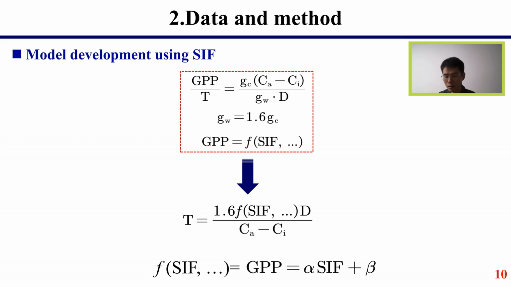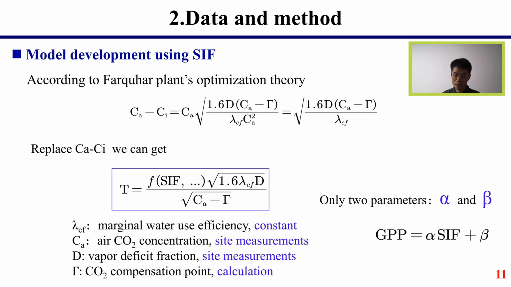This is commonly accepted, but there's still some uncertainty. In order to simplify the model, we just use the simple linear relationship between GPP and SIF. Next, we need to reduce the unknown variables from this transpiration equation. Let's see how we remove the Ci.